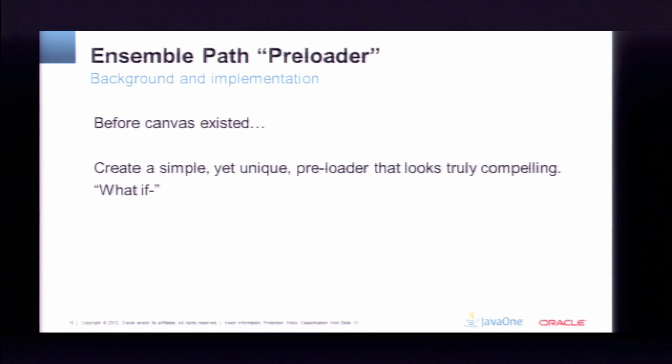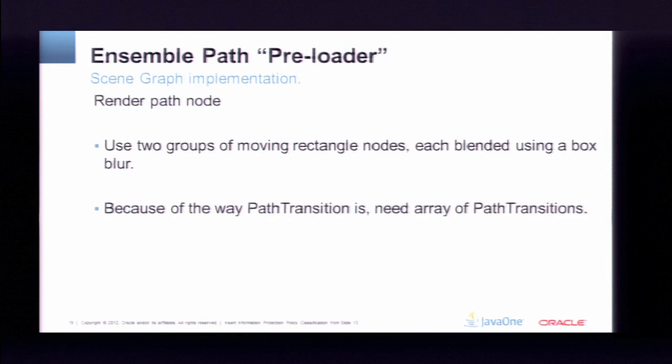What if it was actually a cool looking preloader? Then we thought, well, that's kind of difficult because it's just a preloader. It can't do anything complex. And soon enough, this is what we came up with.